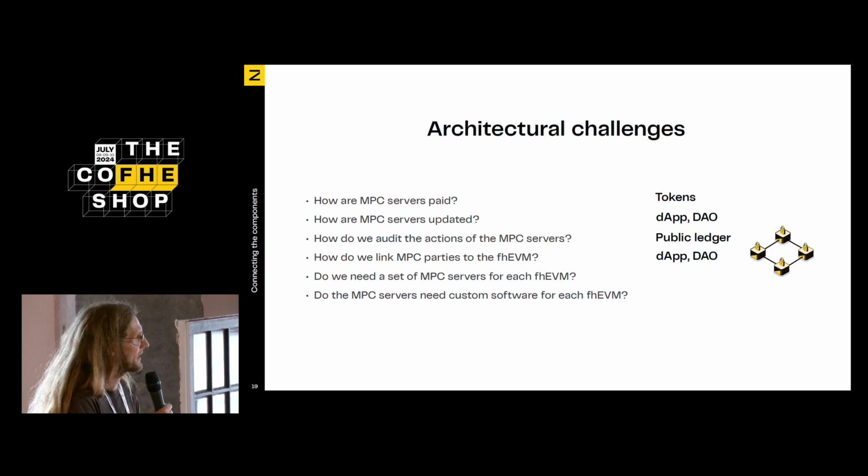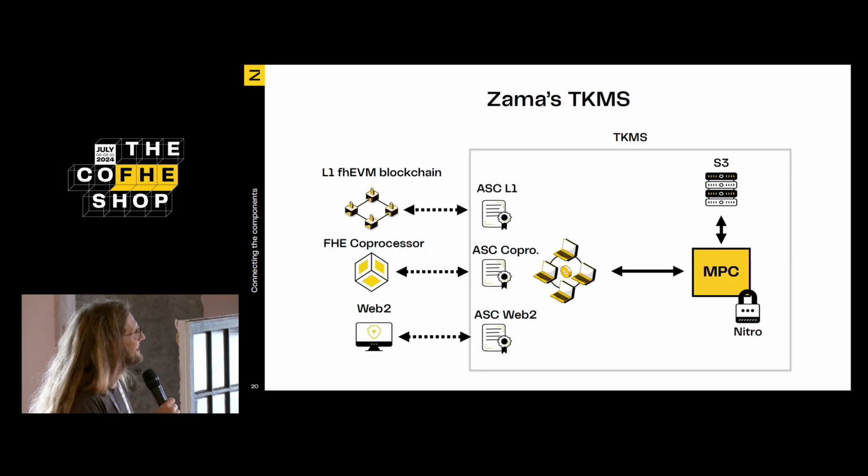The linking we can handle in a similar manner, simply via smart contracts. And because of this, we can have one management blockchain, and that can handle an indefinite amount of EVMs, fhEVMs, co-processors, Web 2 applications, business-to-business applications, or whatever. So that's how we handle this.